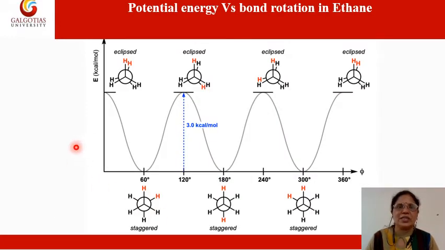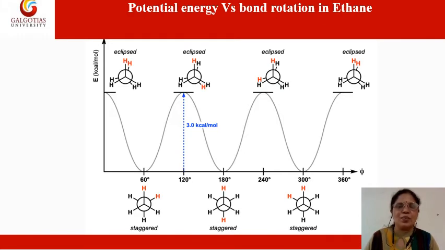And when we look at the potential energy versus the bond rotation in this molecule, we can see that the eclipsed conformation, which is in the beginning when the carbon-hydrogen bonds on the front and the back carbon are at 0 degrees, after rotating about 60 degrees converts into the staggered conformation. The next 60 degrees rotation gives the eclipsed conformation again, and that is how the conformations change. So when the carbon-hydrogen bond is rotated every 60 degrees till 360 degrees, we get 6 conformations, 3 staggered and 3 eclipsed.